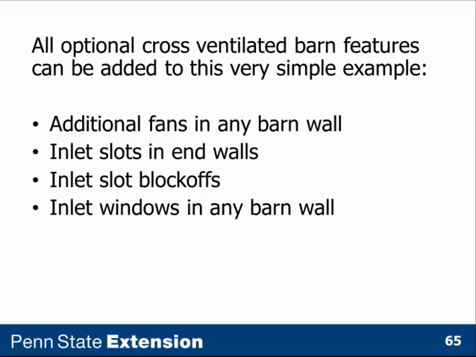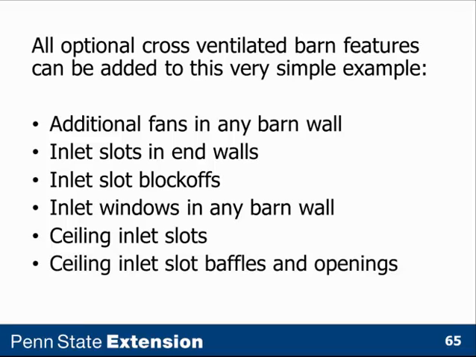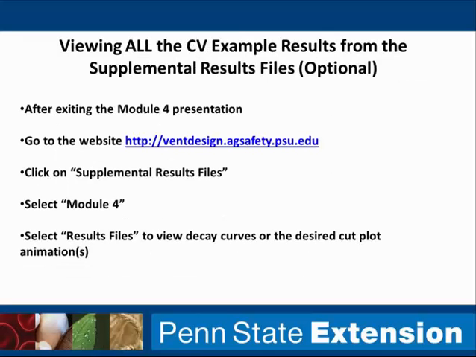You can certainly do that in place of eave inlets. If you have a very wide building, you can use drop inlets as well. And you can have baffles and block-offs and so forth in those drop inlets, in the interior ceiling portion of the barn.